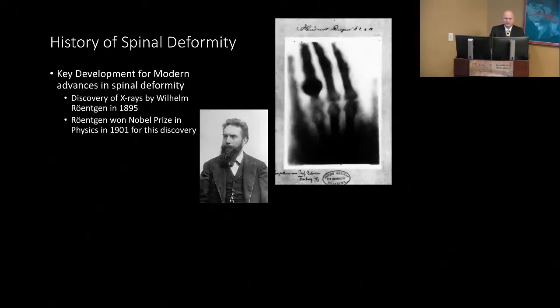The key advance for our understanding in spinal deformity came in 1895 with the discovery of X-rays by Röntgen, and this won him the Nobel Prize for Physics in 1901. And on the right is the famous photograph of his wife's hand showing her ring.